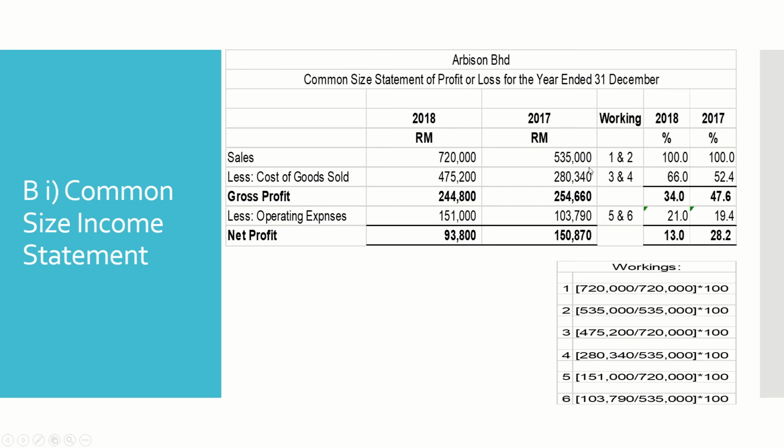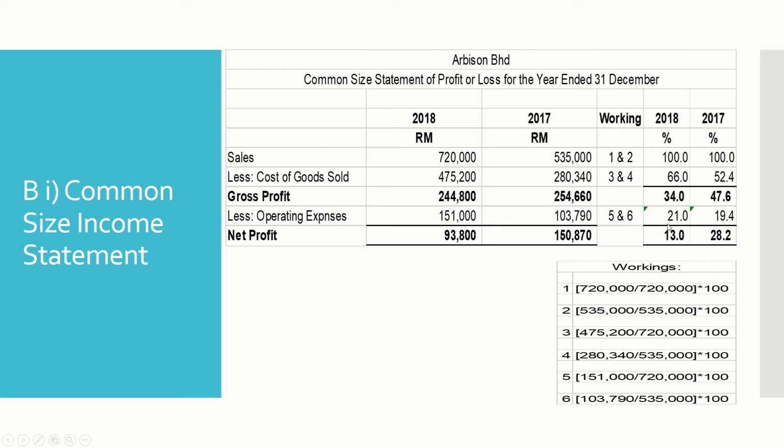For operating expenses 2017, 103,790 divide with 535,000 and then times 100. So the answer is 19.4. For 2018, operating expenses is 151,000. Divide with sales 720,000 times 100.